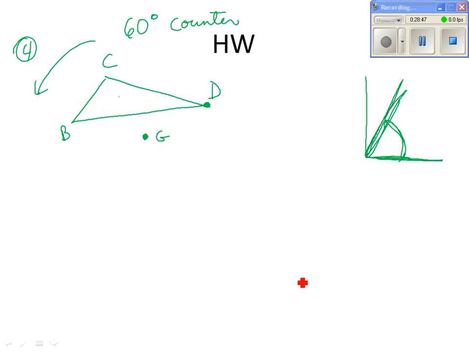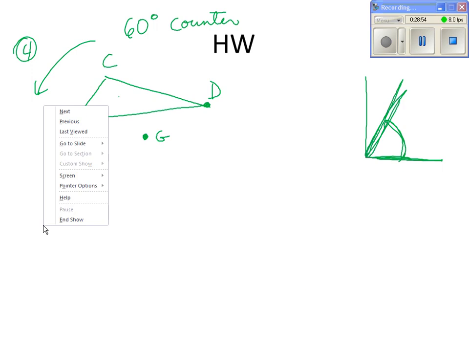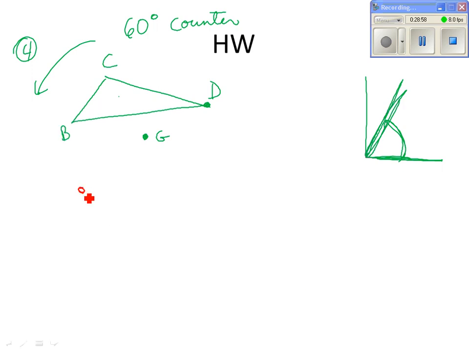B prime. I'm going to do this. Don't need that. B prime, C prime, D prime.